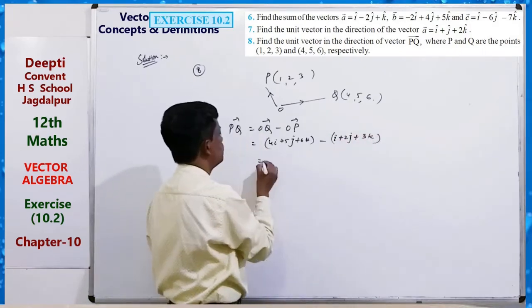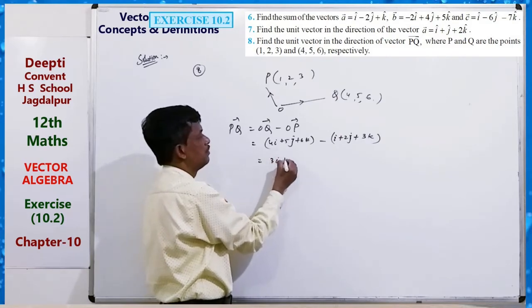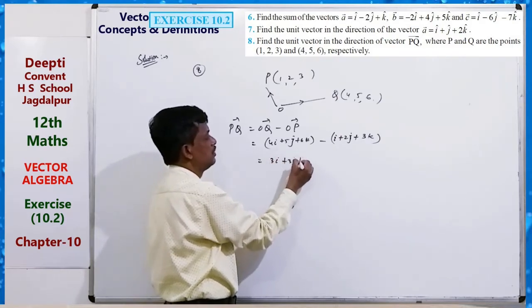This is PQ. 4 minus 1 means 3i plus 3j plus 3k.